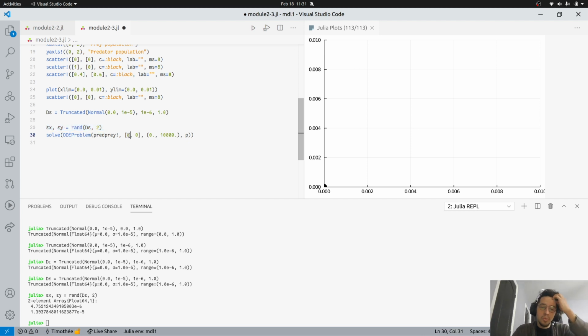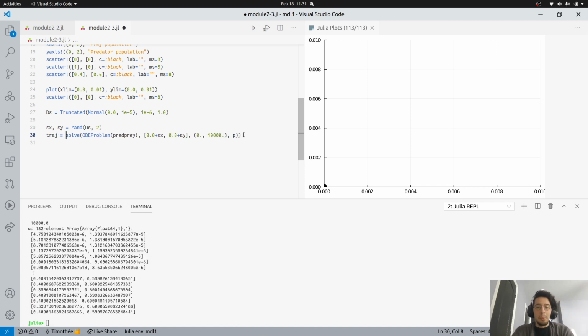So I'll do the simulation, and it's going to be 0 plus var epsilon x and 0 plus var epsilon y. And we're going to call that trajectory.